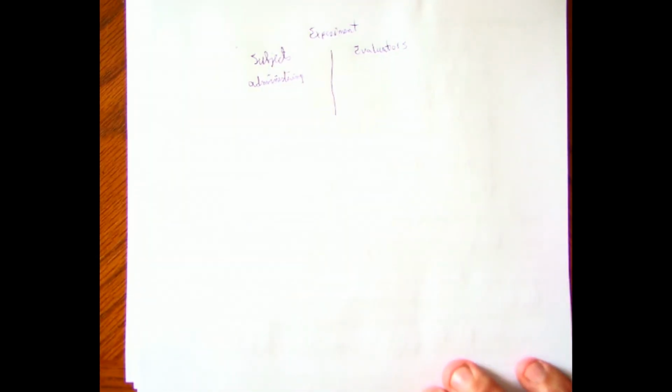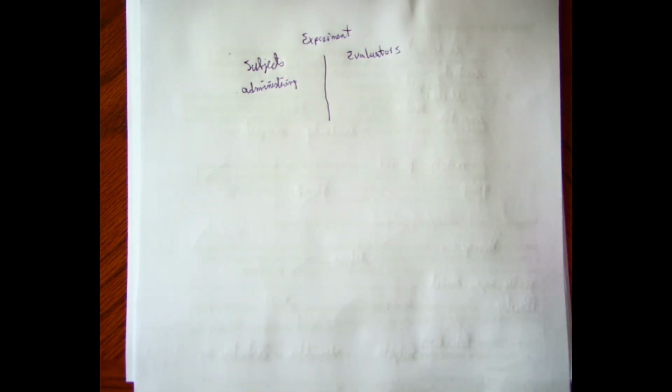The other side is the evaluators. Now, let's say that we have each person go to their doctor and get their blood pressure taken before and after. And if the doctor knows who's getting what treatment, the doctor again may treat the people differently.